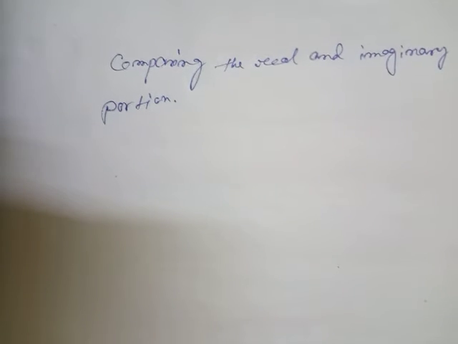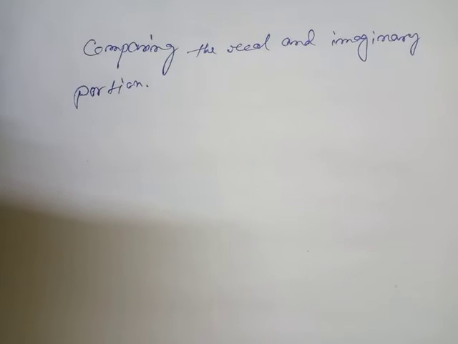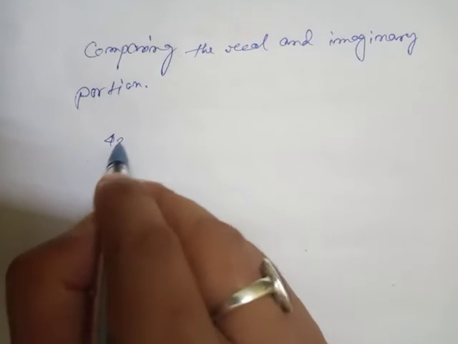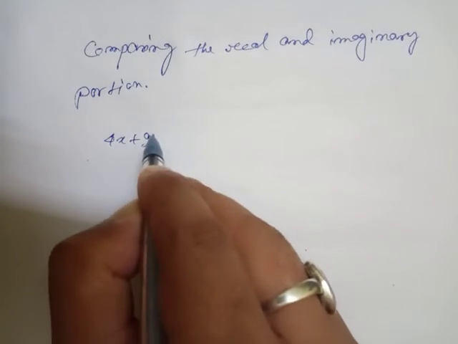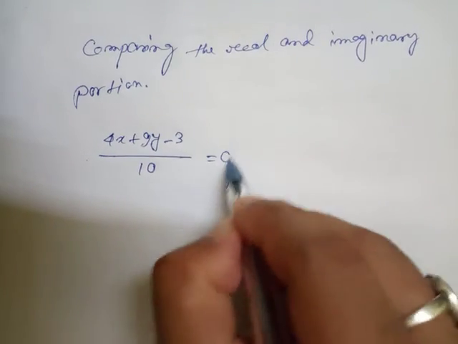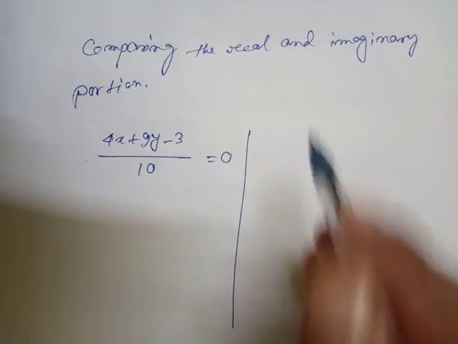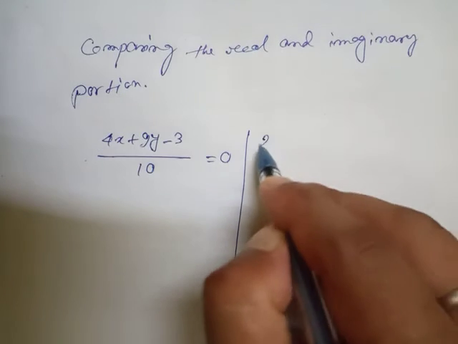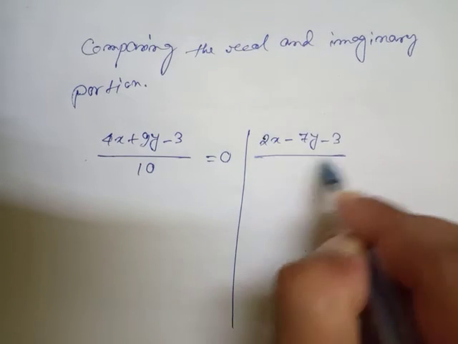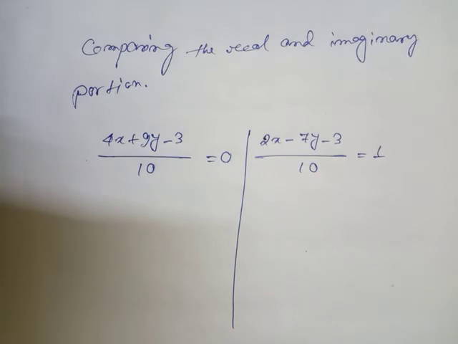Now look here, after that, first of all, 4x plus 9y minus 3 by 10 equal to 0, and this portion is 2x minus 7y minus 3 by 10 equal to 1.